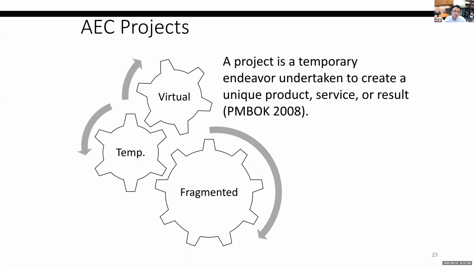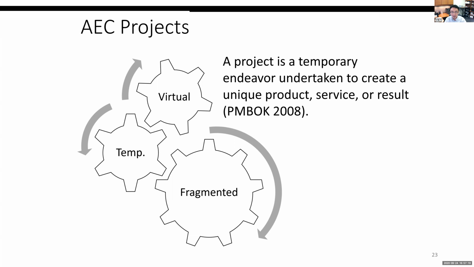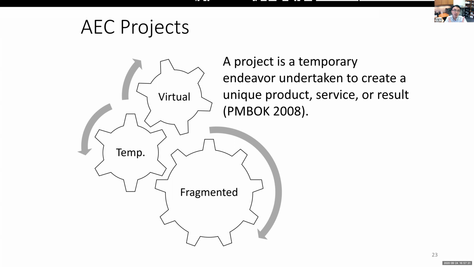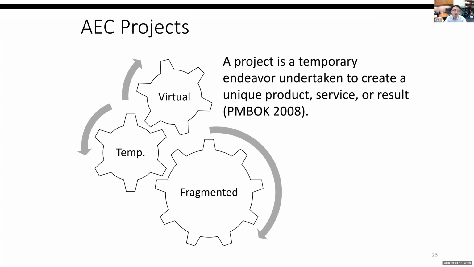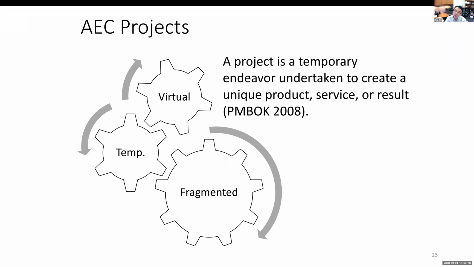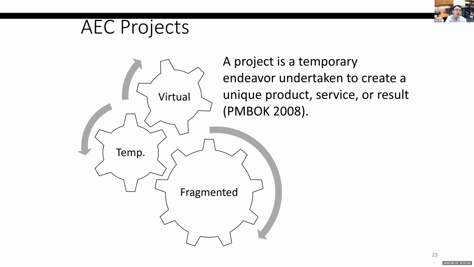For most of the buildings, they are different, but for Walmart, for example, that's a different story. They use the same drawing, they use the same construction methods. But for most of the projects, we have unique buildings, we have unique products. So we only get this temporary team, which means I bring the designers, engineers, and contractors together to finish this single project. And once this project is done, I learned a lot of things from here, but it can hardly be applied in the next project, because the next project is new and maybe even in a new place.